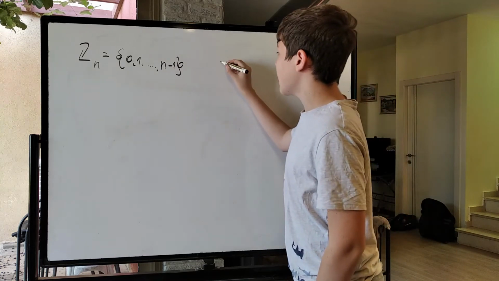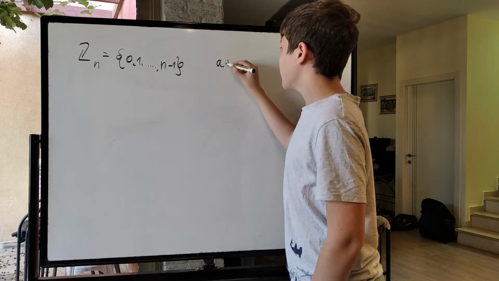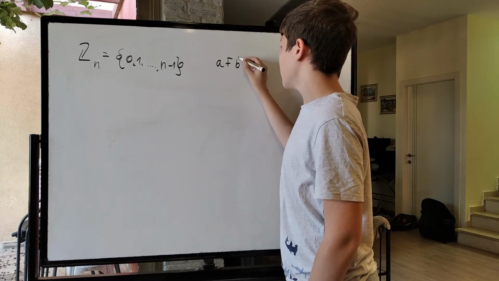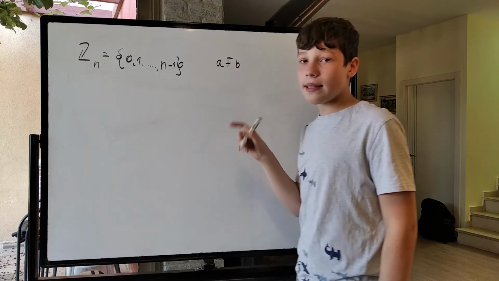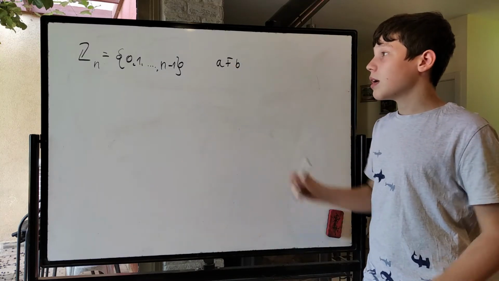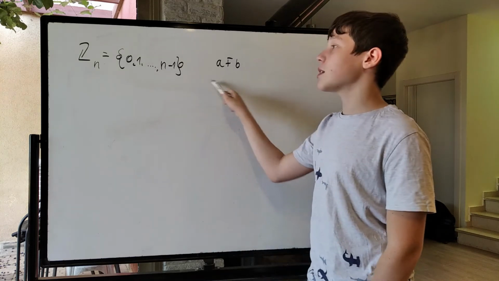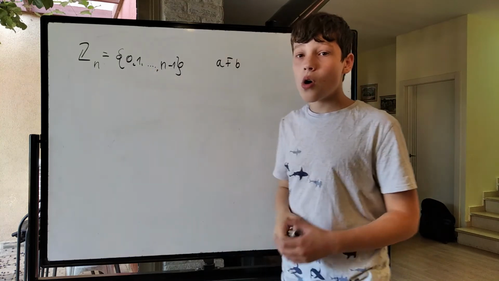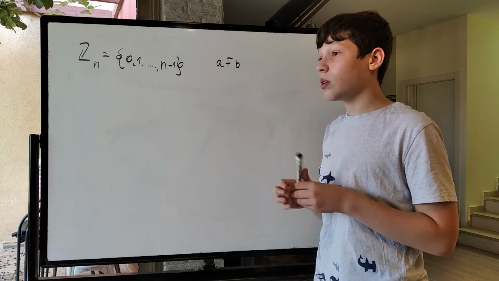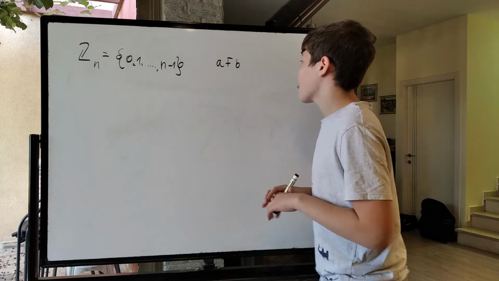So we're going to define A plus B, and I'm going to use this line above the plus so that we can tell if I mean the plus of Zn or just the regular sum that we know, like 1 plus 2 is 3.